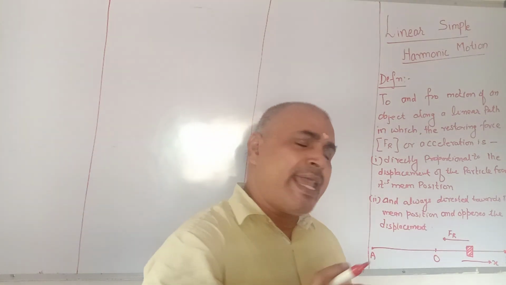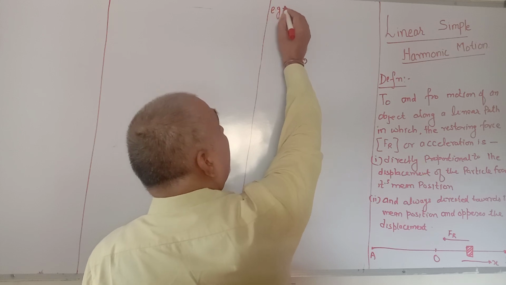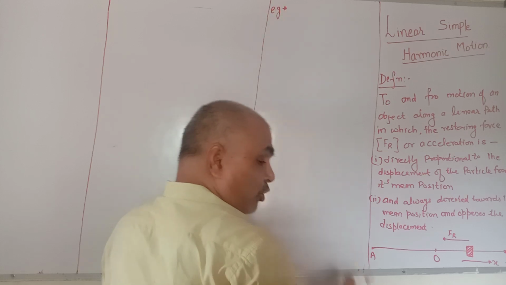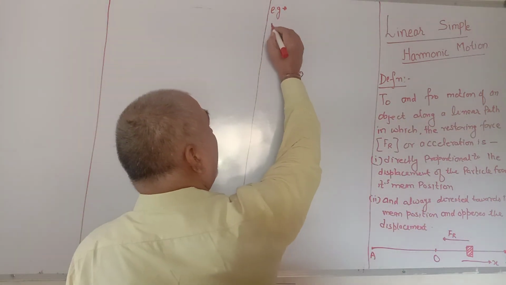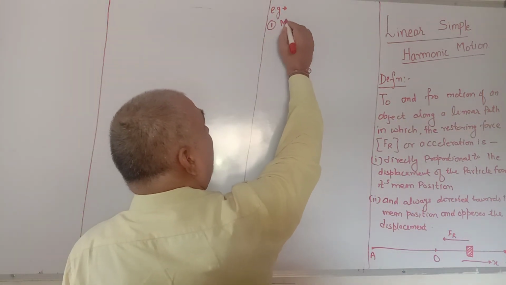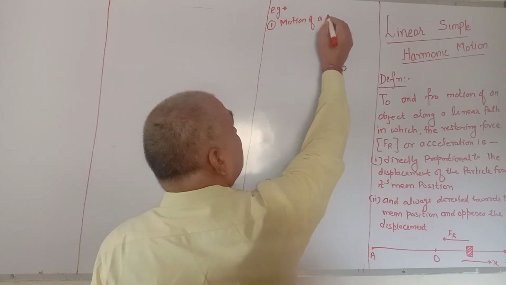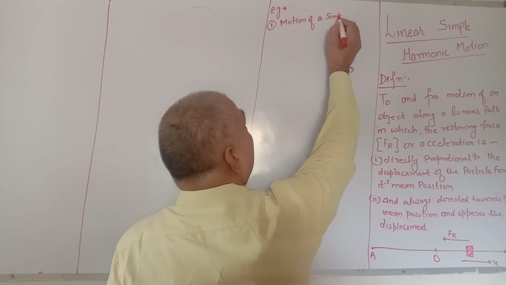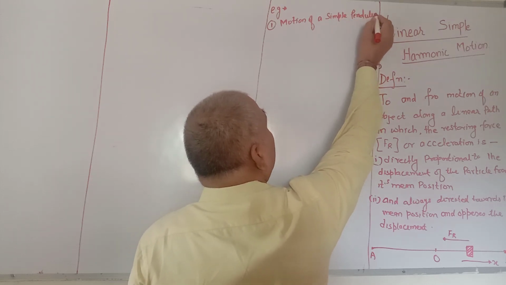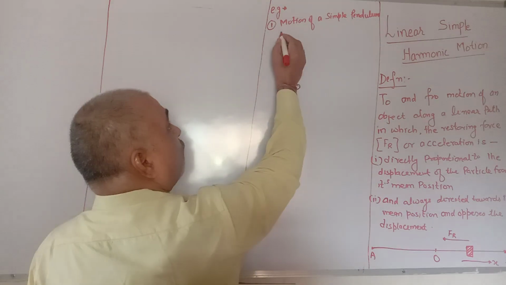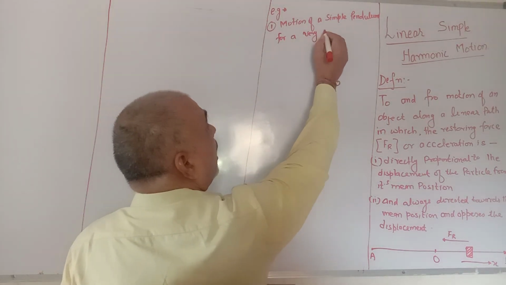Now, what are the examples of linear simple harmonic motion? Number one, the motion of a simple pendulum for a very small amplitude.